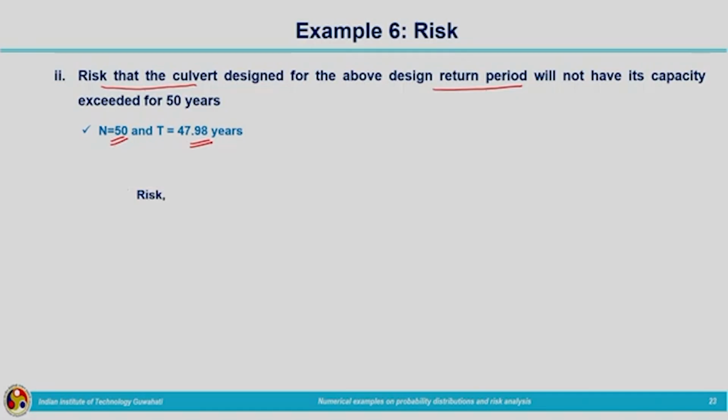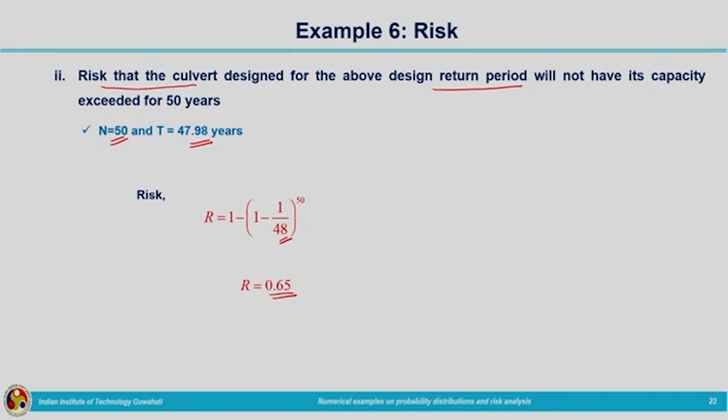R is equal to 1 minus (1 minus 1 by T) to the power of 50. So, T we have substituted as 48 and the risk can be calculated as 0.65. 65% of risk is associated with this.